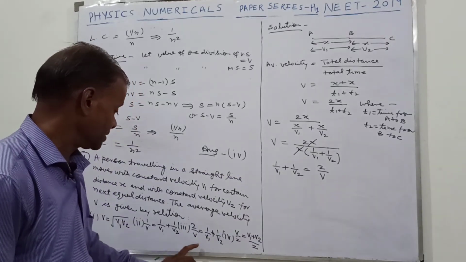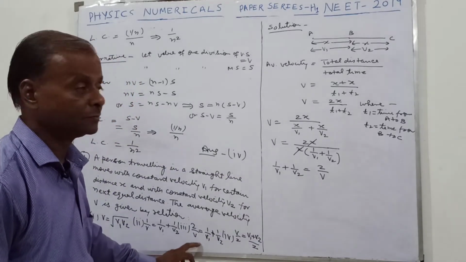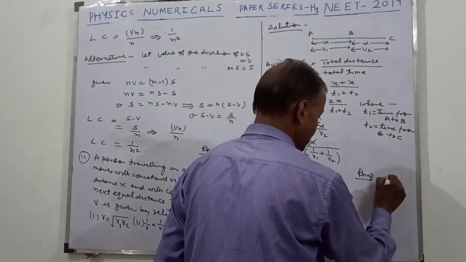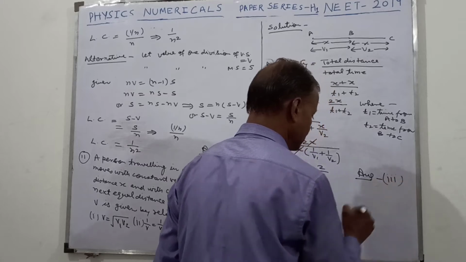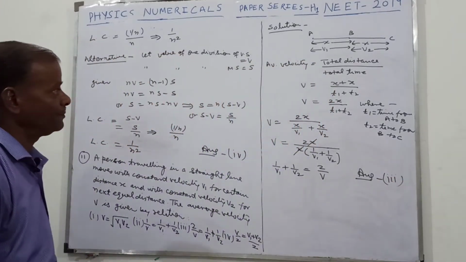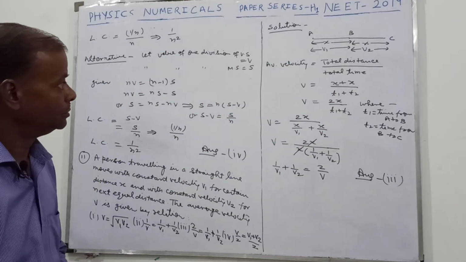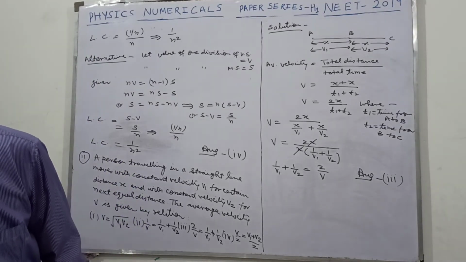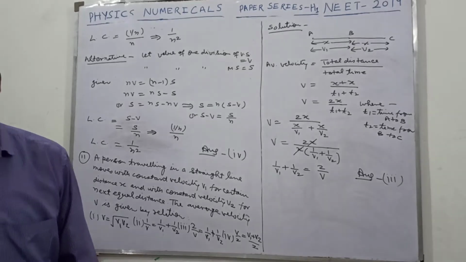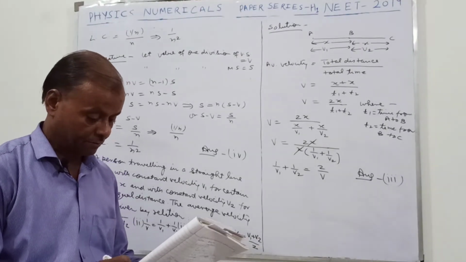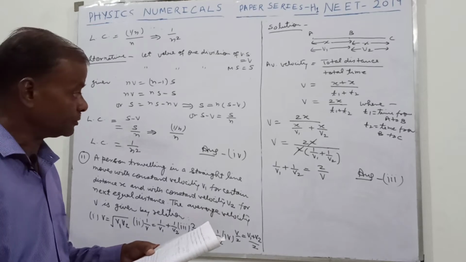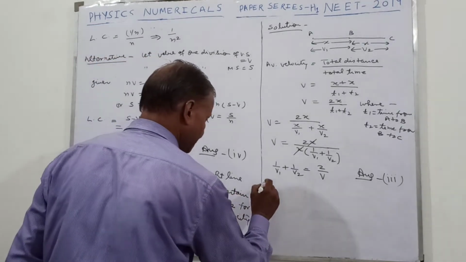So our option is this one, the third. This is the correct option. Answer is the third one. So this is a direct application of distance, velocity and time. I take question number 12.